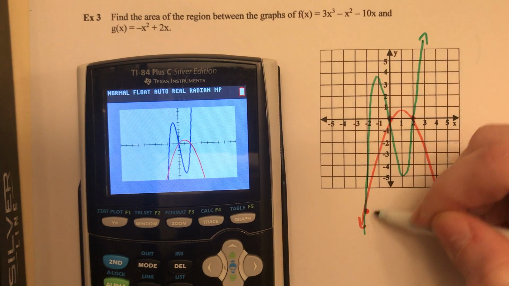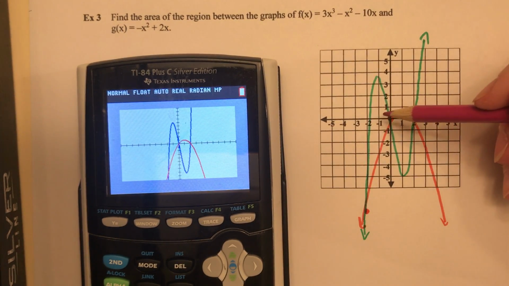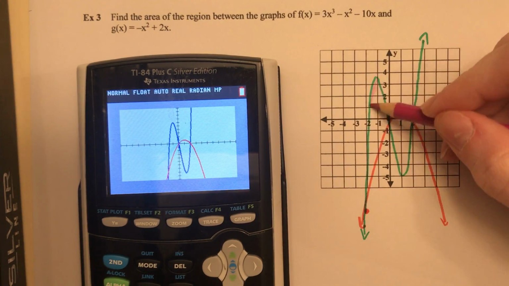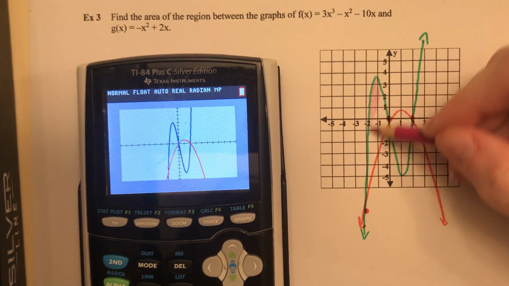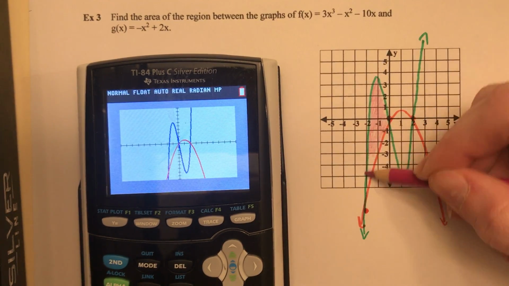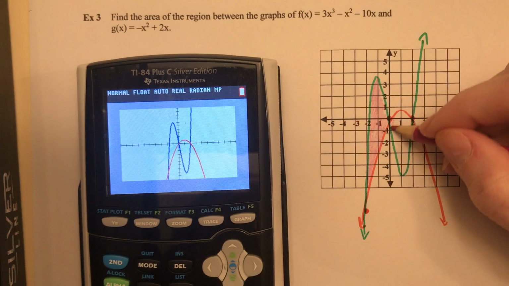I'm looking for the region that's bounded by both of those graphs. Now this ends up having two regions. I've got this region over here that's enclosed by those two graphs. So I'm going to shade that in. And then I've got this region right here.